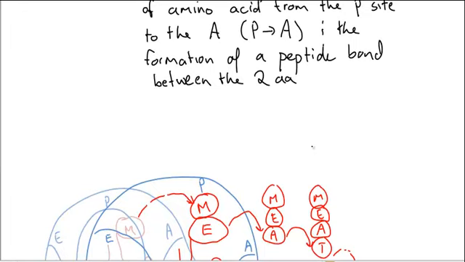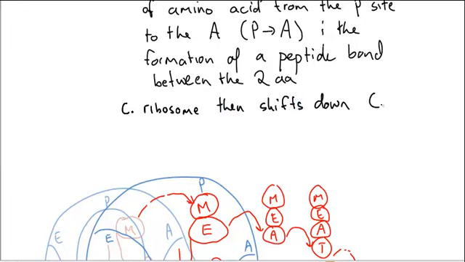Then in C, I'm going to get a bit crowded and messy here. The ribosome then shifts down, and by down I mean 5' to 3', 1 codon.